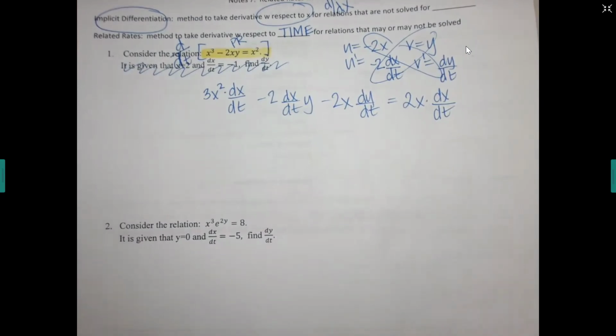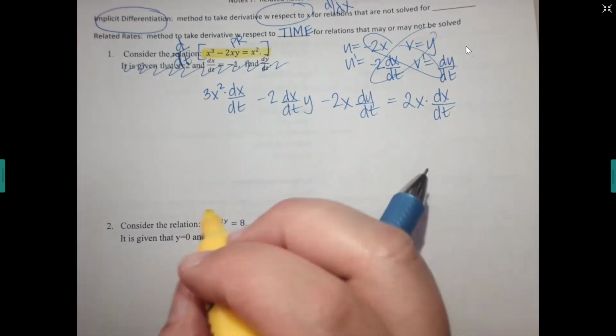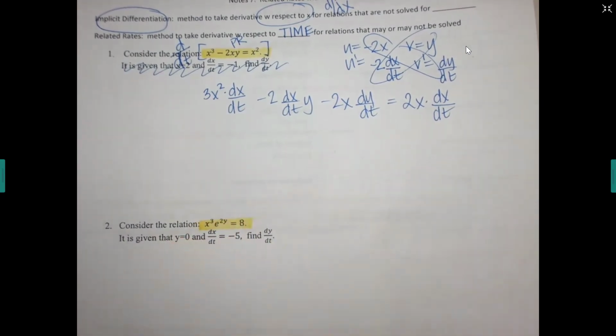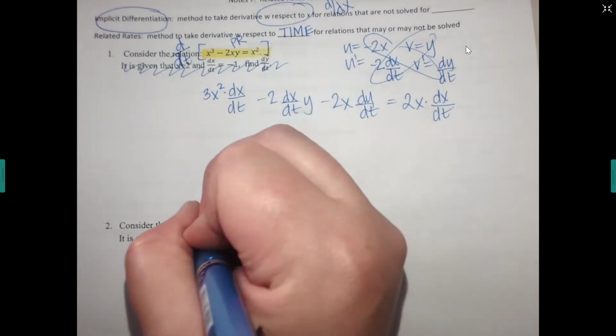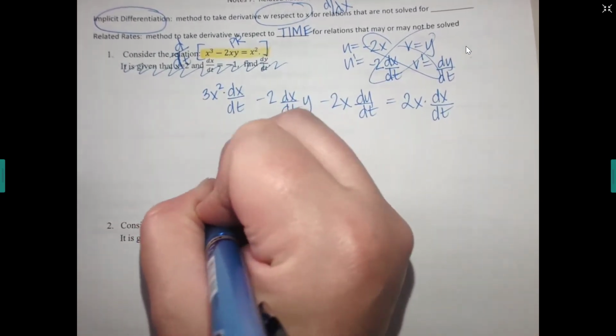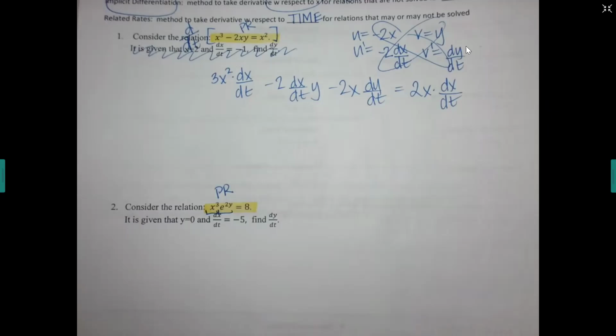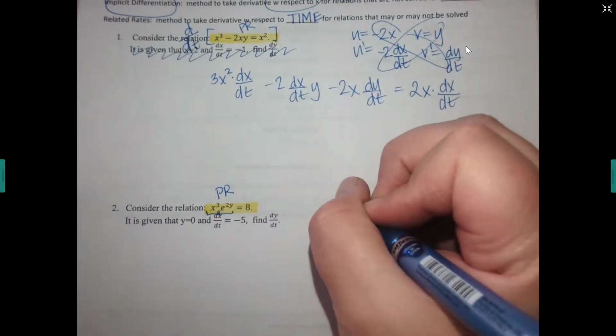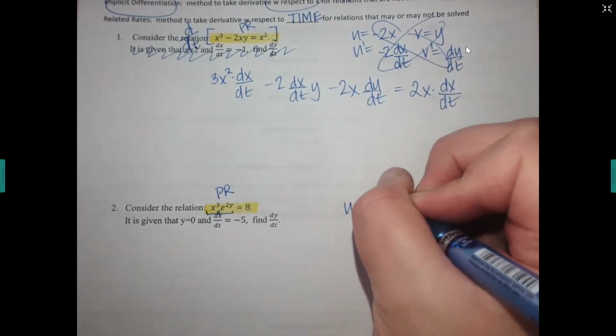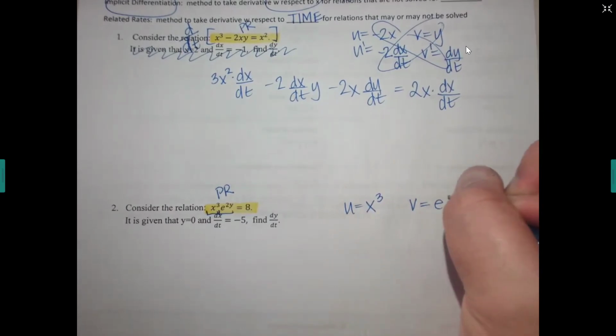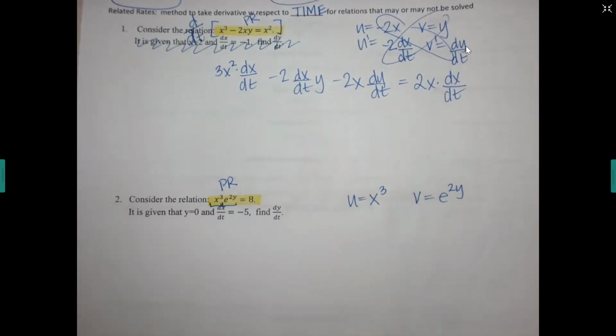We have an x cubed e to the 2y times 8. We want to take the derivative of that. So first thing you should notice is that you are going to need product rule, because you have x's and y's that are multiplied together. So your u is an x cubed. Your v is an e to the 2y.